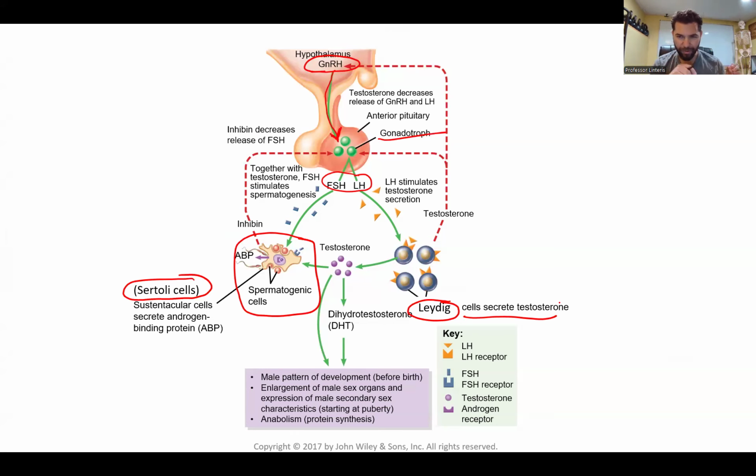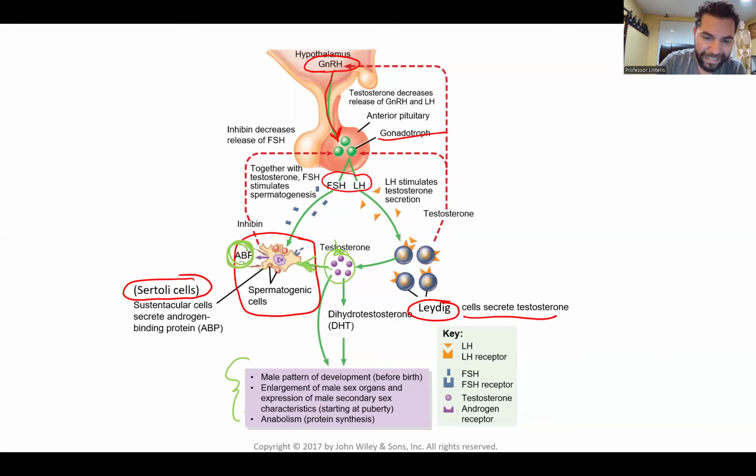So FSH, think more sperm production, LH, testosterone. However, as I stated before, those Sertoli cells make androgen binding protein. So it can bind to the testosterone, keep it around so it can help us develop the sperm.